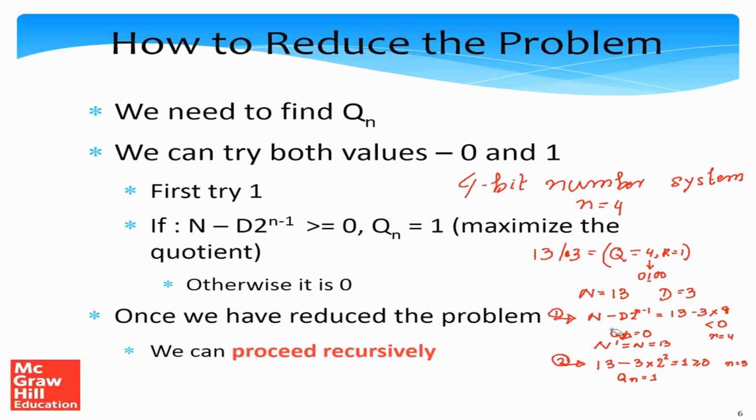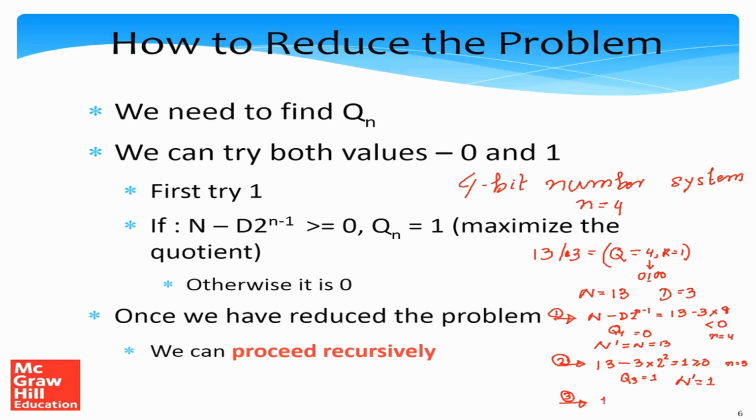So let us say that this is Q4 and this is Q3. Fine, let's go to the next iteration, which is iteration number 3. What is n dash? N dash is equal to 13 minus 3 times 2 squared, which is 1.